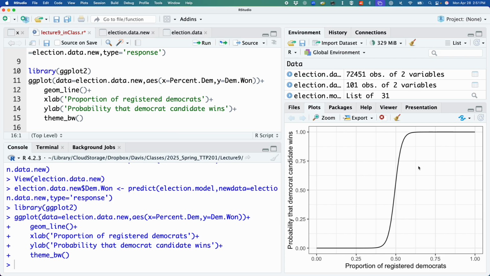What is the probability that a Democrat loses in relation to the proportion of registered Democrats? 1 minus this. Correct, yeah. So this plot actually shows two results, which you could plot by just doing 1 minus. And so it would look like this, and then whoosh, right? So 1 minus that.